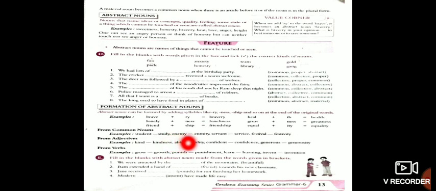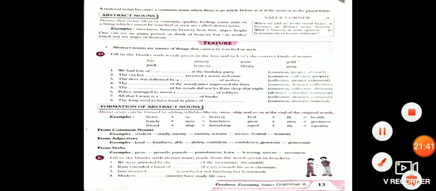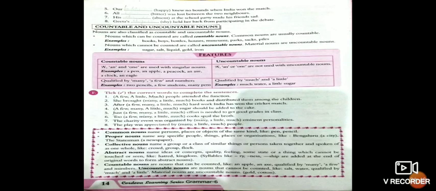Ram extended a handful of dash towards his new classmates. So the word is friend. Now third, Jane received dash for not finishing her homework. The word is punish. Modern dash have made life easy, and here the word is invent. So the fifth part is, our dash knew no bounds when India won the match. So the word is happy. 6.